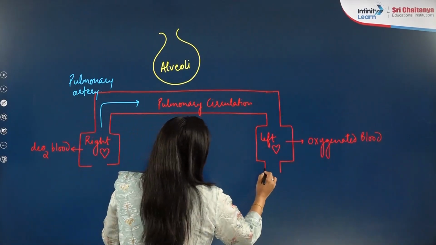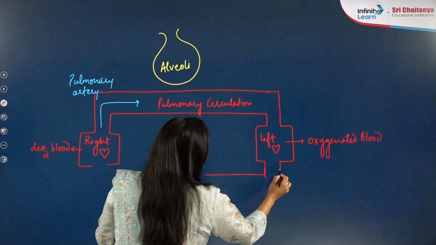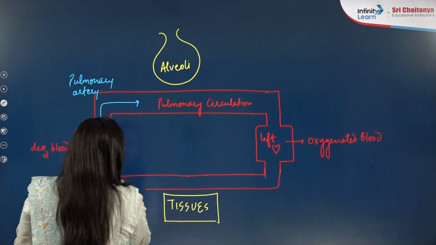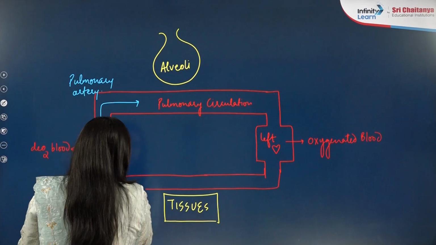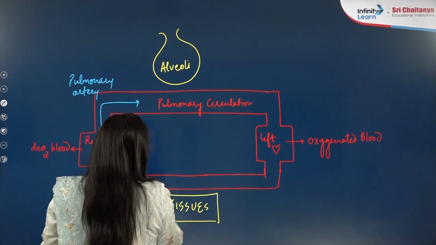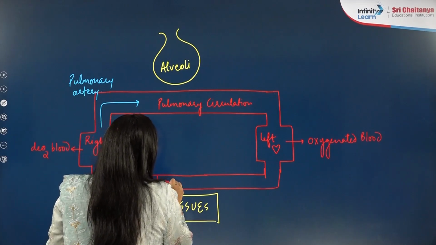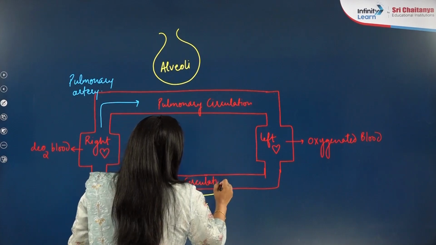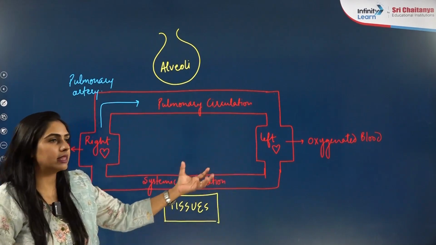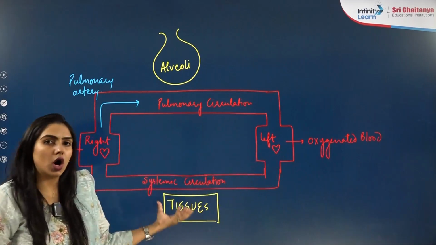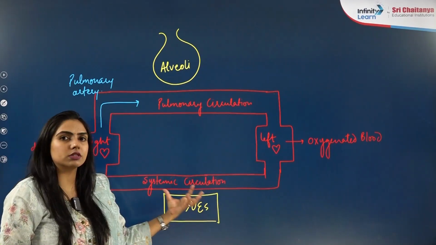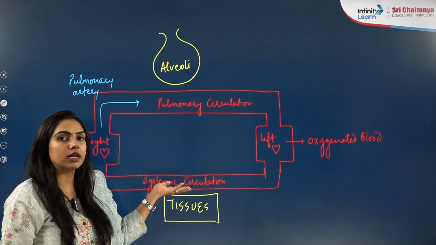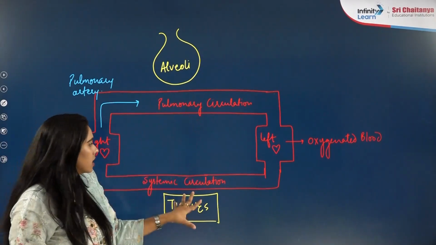So oxygenated blood will come near to the tissues. These are the tissues, right? So this is the systemic circulation, and in this systemic circulation, the blood is being provided by the left heart to all the body parts, to all the tissues in the body, right? Tissues are going to take the oxygen and tissues are going to release the carbon dioxide. I will show everything here, right?